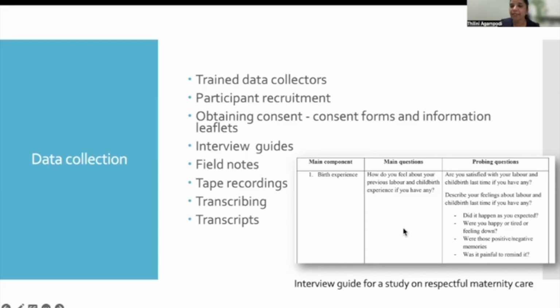In addition to the main questions, you just jot down probing questions that you could ask the participants so that you can elaborate the story of the participants. So when formulating the interview guide, you list your major questions and probing questions. Usually when you are asking for ethical clearance, you have to present the interview guide, right?